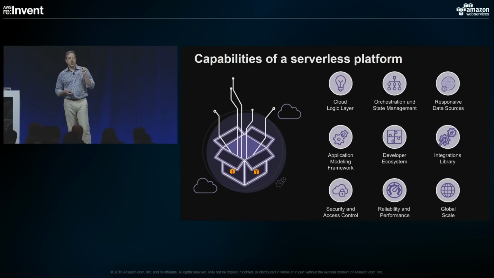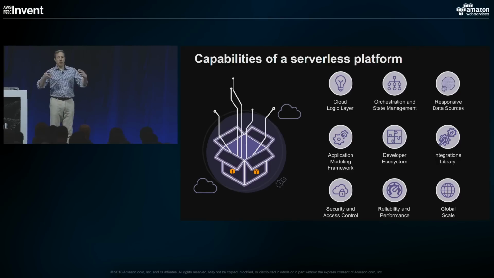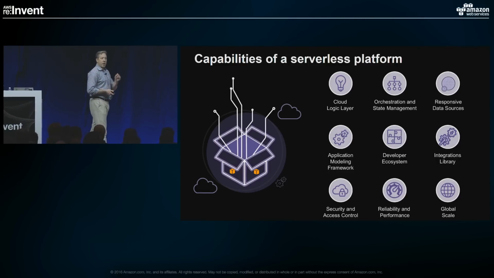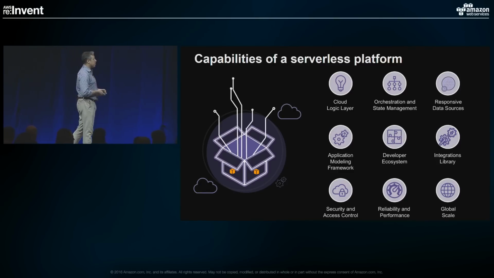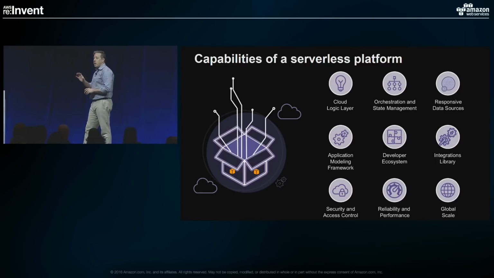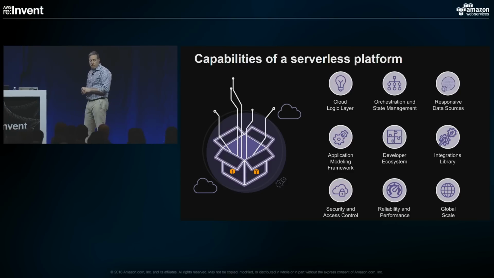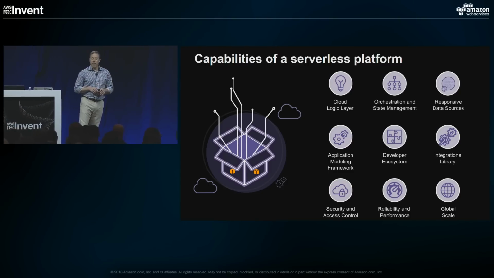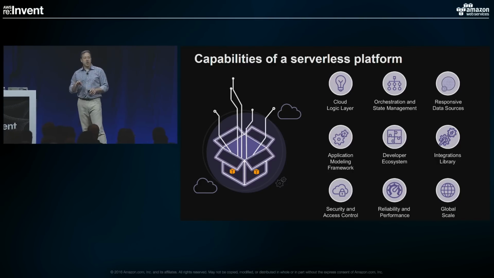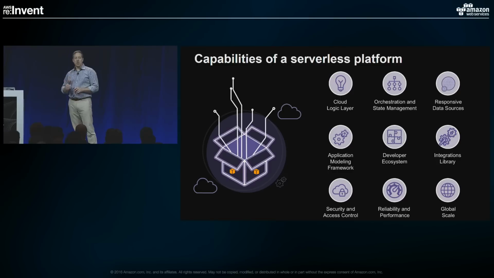The core logic, things like Lambda and event processing, orchestration and state management, how you can build and orchestrate an entire application together, how we hook up data sources and make them responsive and flexible together, how we model those applications, how we talk about the different pieces that compose them, the broader developer ecosystem that Lambda sits in, not just AWS, but also third parties and open source, integrations, monetization, and marketplaces, security and access control, reliability and performance, and then global scale. And increasingly, global in every sense of the word, not just including data centers.